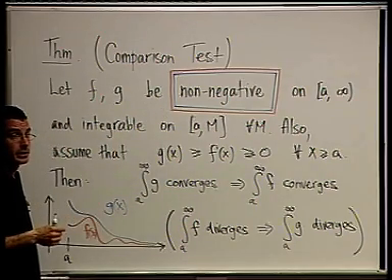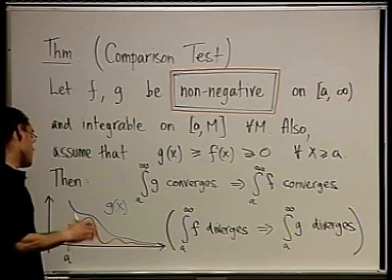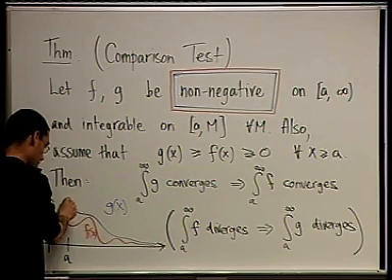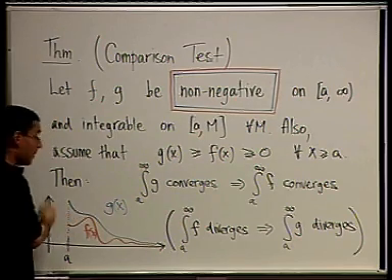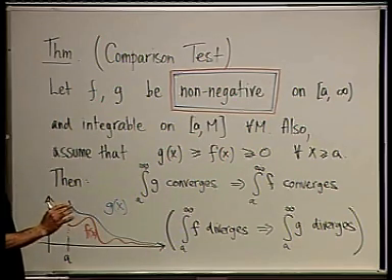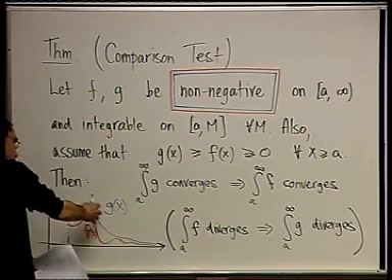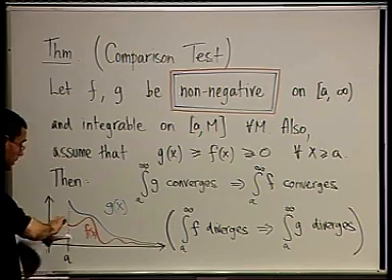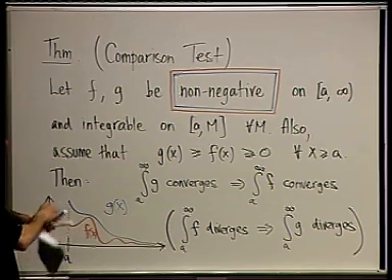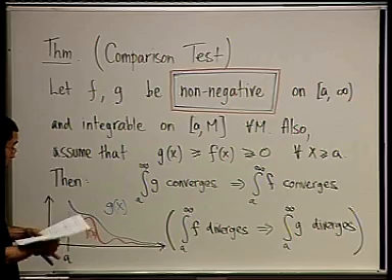Yes, question? We could say that they're both only negative too. Right, you could, that's true. Good remark. You could apply this theorem when both are non-positive. Just take their minuses, do the theorem, and then take the minuses again. That's true. But they cannot change signs. They have to be on the same side of the x-axis.